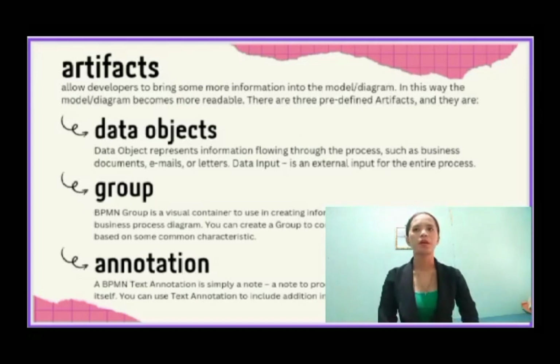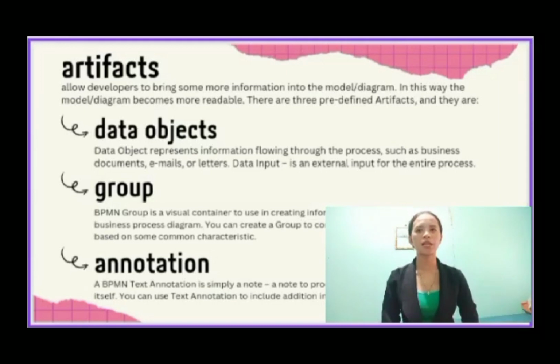When we say group in BPMN, it is a visual container used in creating informal, arbitrary grouping of elements in a business process diagram. An example of this is in a project management process, a group could be used to show all tasks related to a specific project phase.